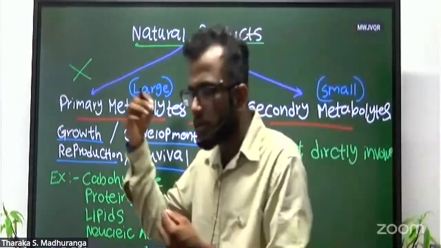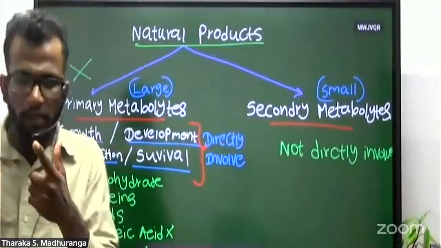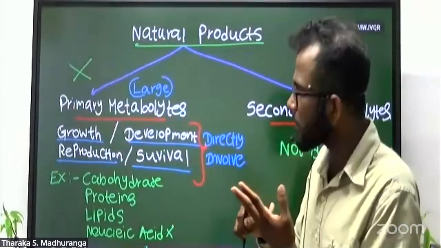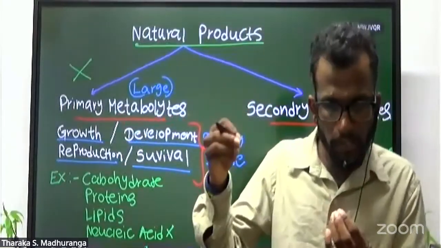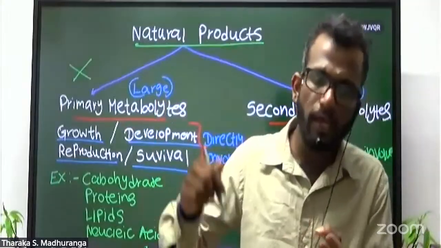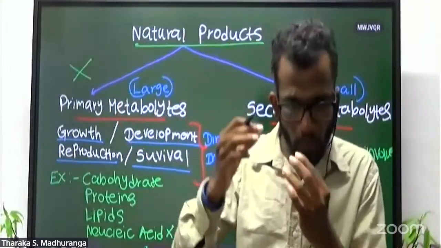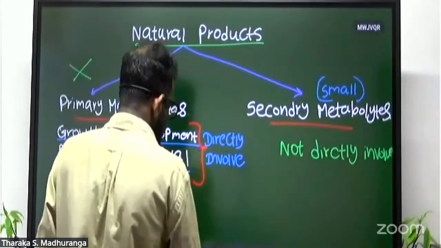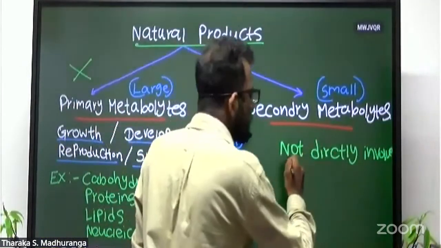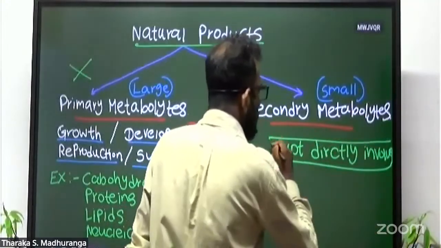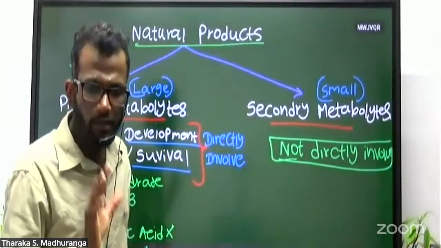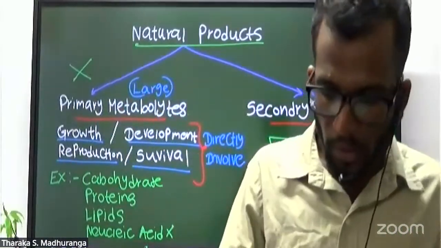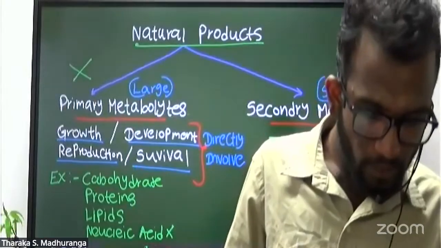If it is directly involved in the growth, development, survival, and reproduction of the organism, it is a primary metabolite. If it is indirectly involved or not directly involved in these processes, it is a secondary metabolite.